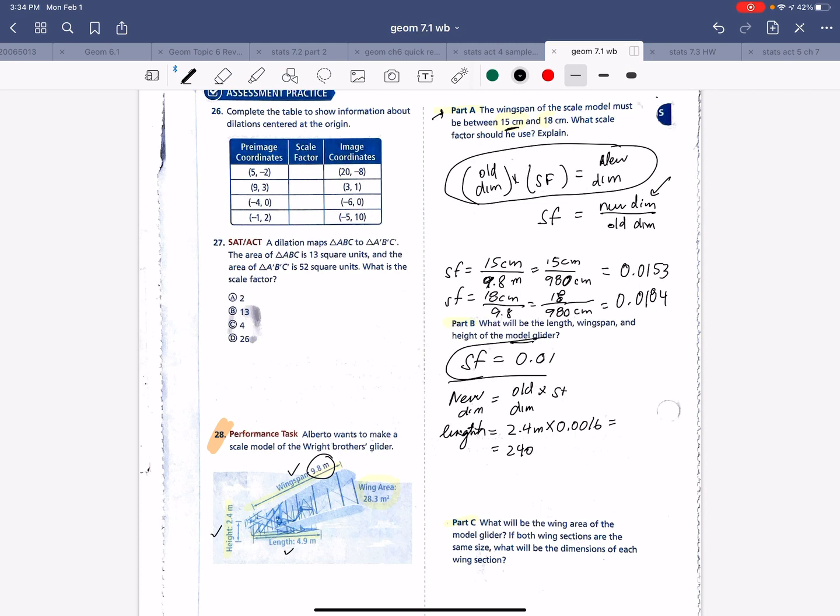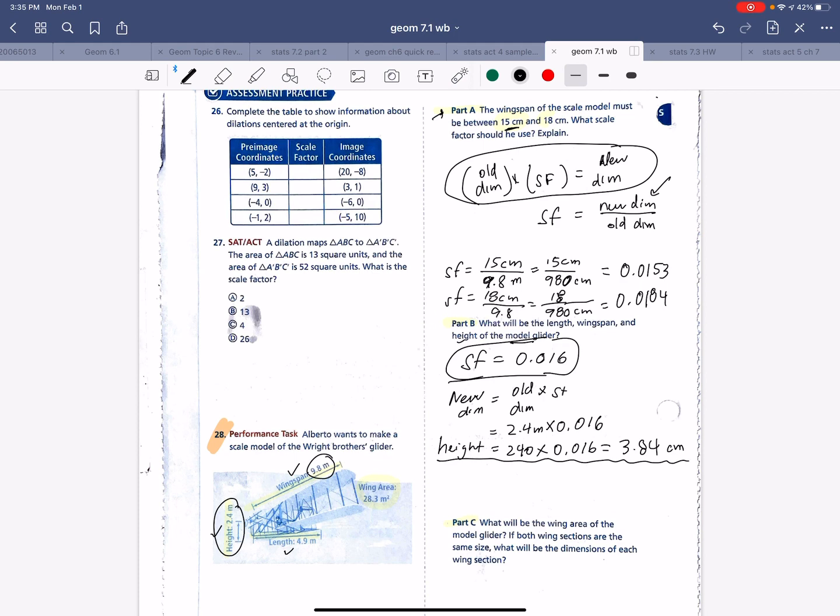So let's make this 0.016, so my scale factor. 240 times 0.016, 384. And that's in centimeters. Oh, that's my height. That's interesting. I'm like, oh, that's kind of short, but again, 2.4 was my height, so that's my new height.